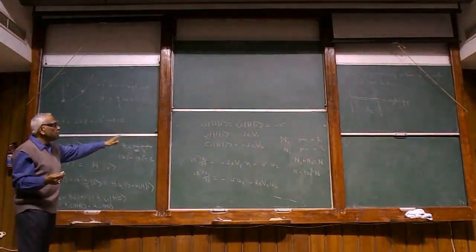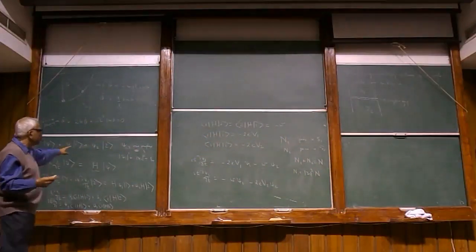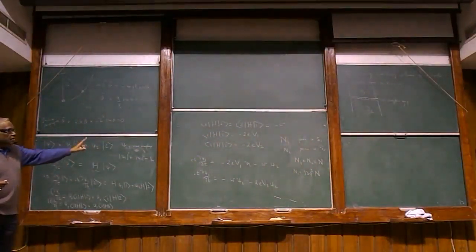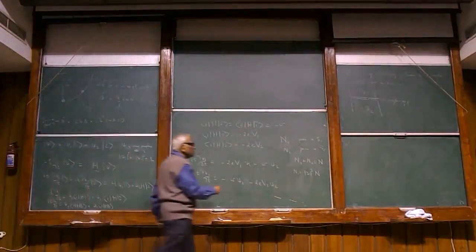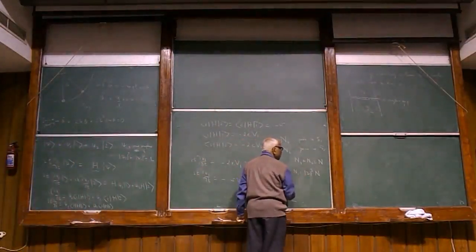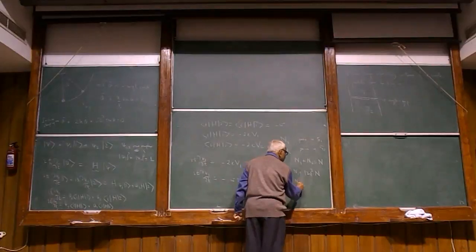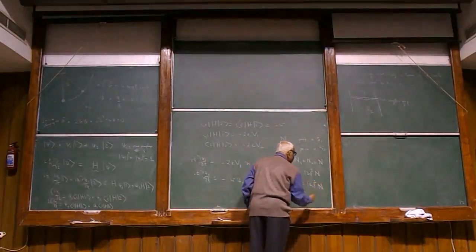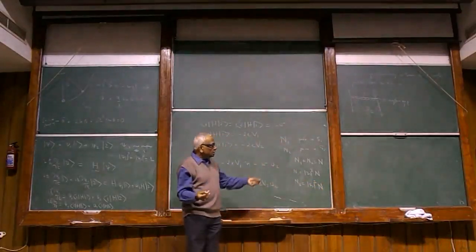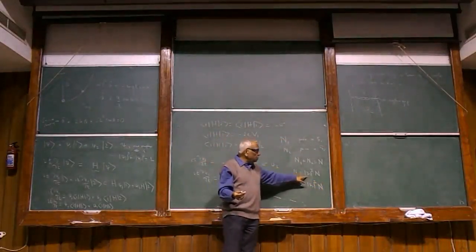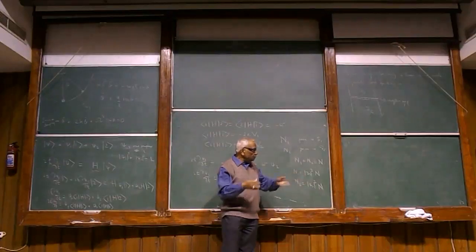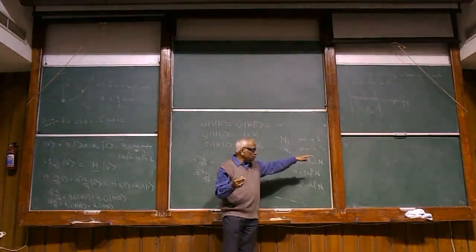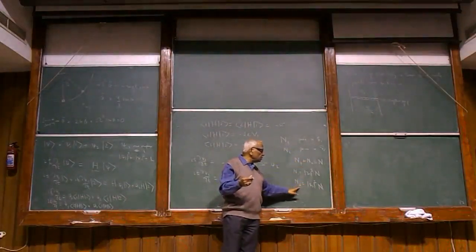What's the meaning of these numbers, psi 1, psi 2, complex numbers that I have introduced over here? N1 plus N2 is total N, so N1 is psi 1 mod square N, N2 is psi 2 mod square N. So if N is the total number, the probability P1 over here tells you what's the probability of its being on side 1, what's the probability of its being on side 2.